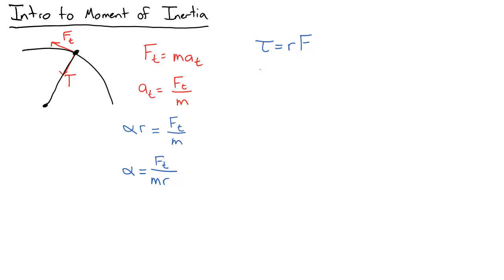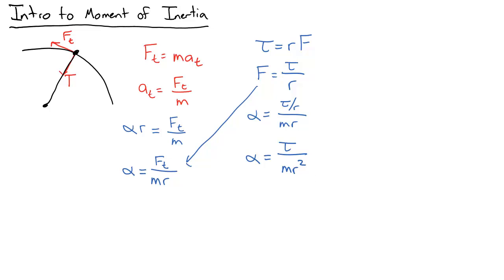I can say that the force is equal to the torque divided by r. So if I substitute that into our other equation, I have the angular acceleration equals the torque divided by r, divided by m times r. So if I simplify, I have the angular acceleration equals the torque divided by m r squared.